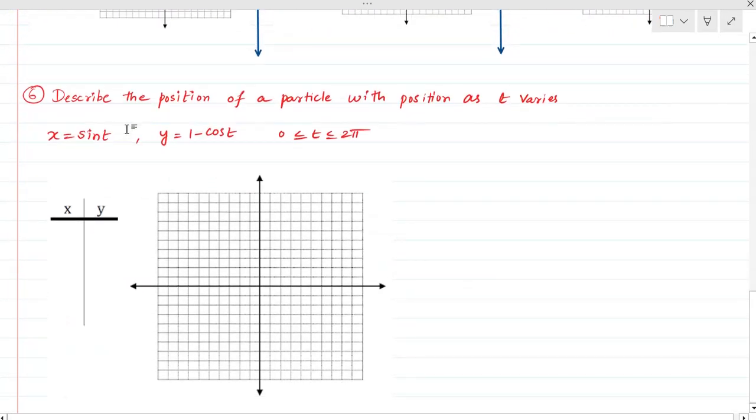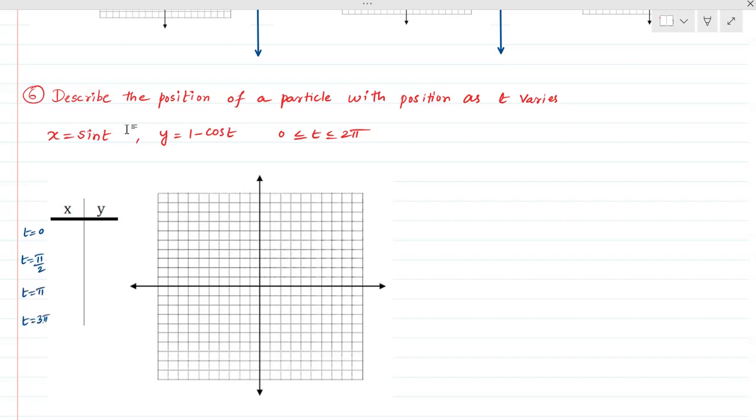Let us start with the graph here. I substitute the t value equals 0, then pi over 2, then pi, then 3 pi over 2 and 2 pi. Whenever you have sine and cosine, I have to give the t value in terms of pi, degrees or radians.